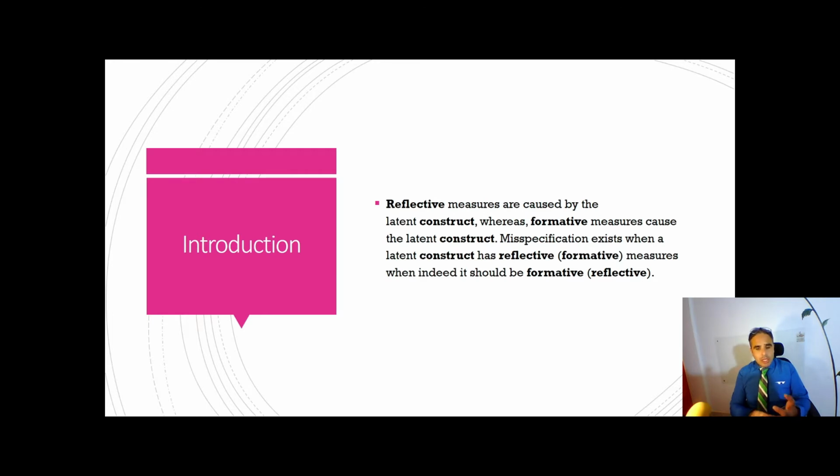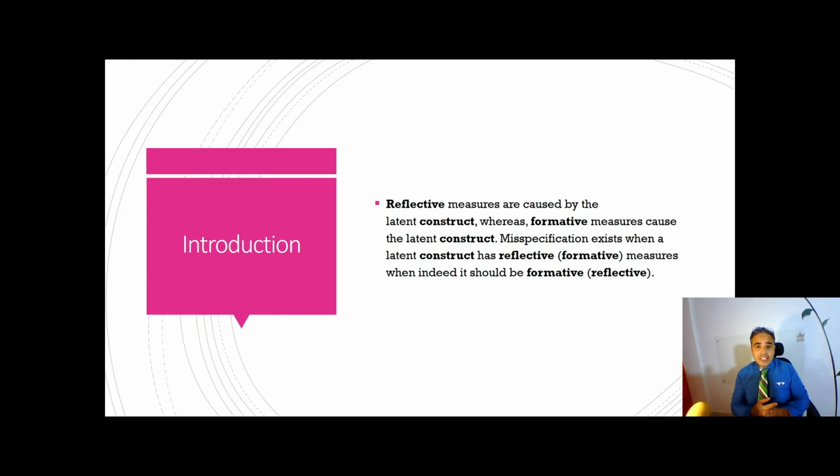You can name it. So it is a reflective construct because all the indicators that come under it are caused by organizational culture. I'll give you an example as we progress with this presentation.